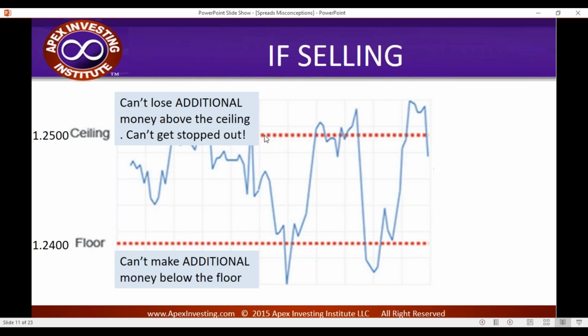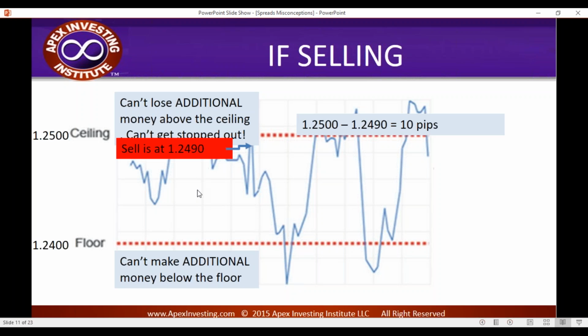I don't get stopped out, meaning just because the market came up and hit that ceiling, it doesn't close my trade. My trade is still open, which I like because maybe the market comes back into my spread. But if I'm right and the market goes down, I don't make money below the floor. So I only make or lose money within the top and bottom of the spread, the ceiling and floor.